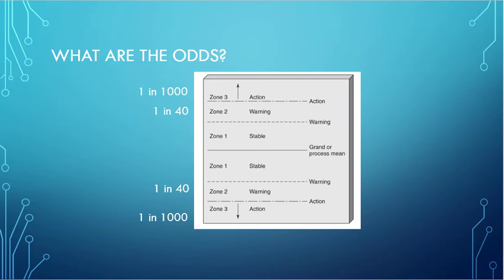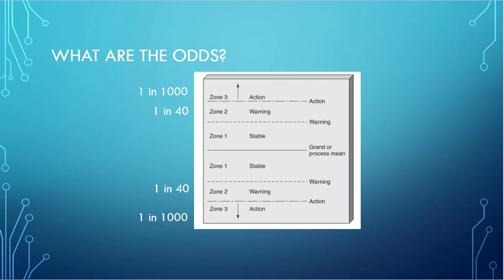So you'll notice in my example that there were things that were outside the warning limits, and I didn't overreact to them. It turns out that if we build the limits this way, then there is a 1 in 40 chance that something will be in zone 2, which means it's a warning but not an action. So that will happen sometimes.